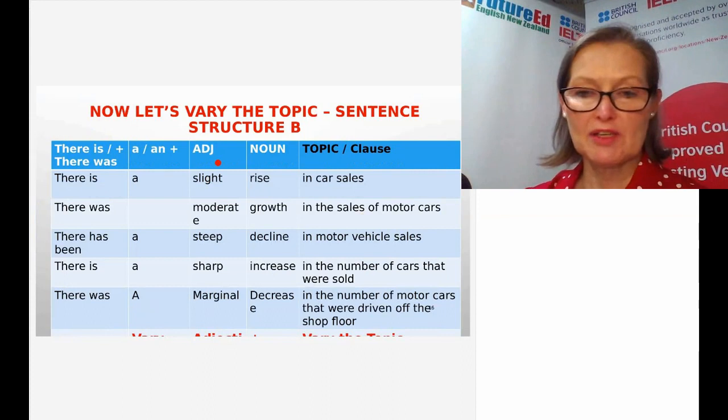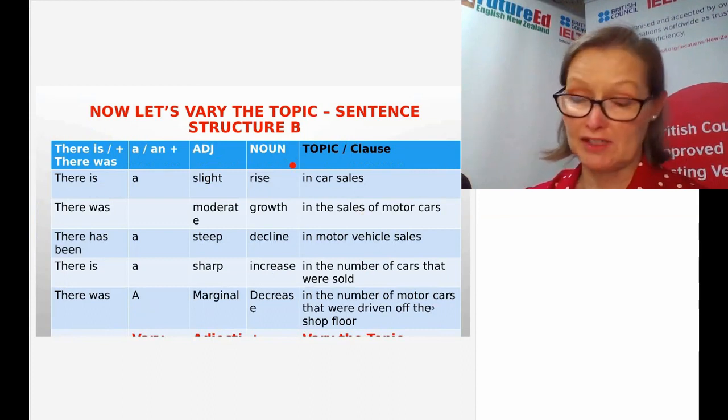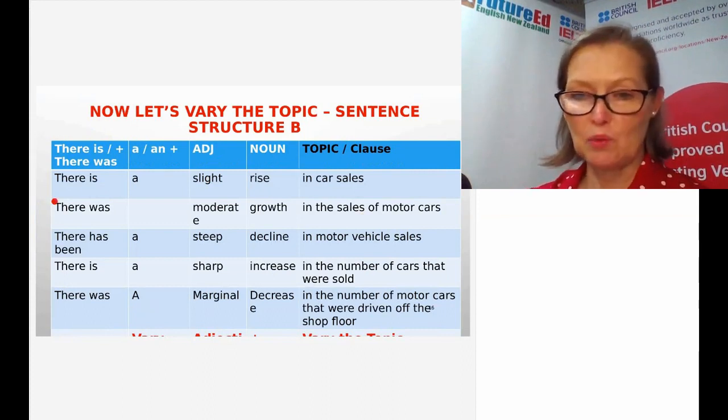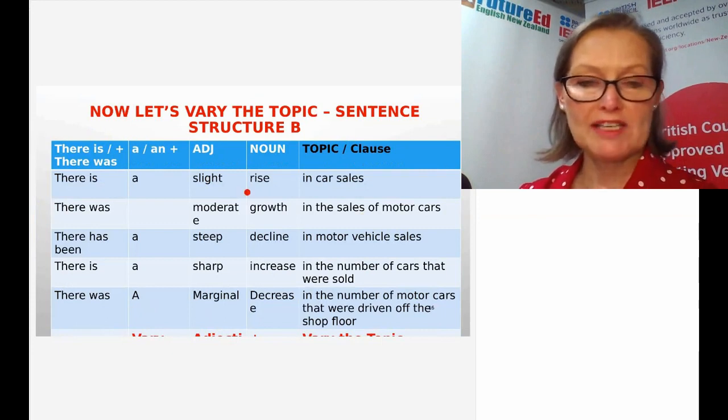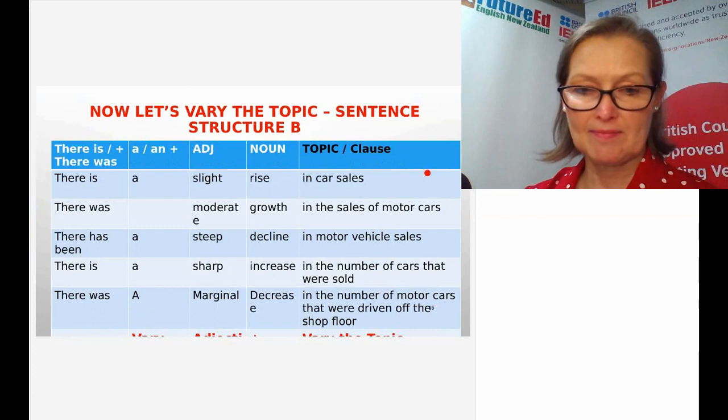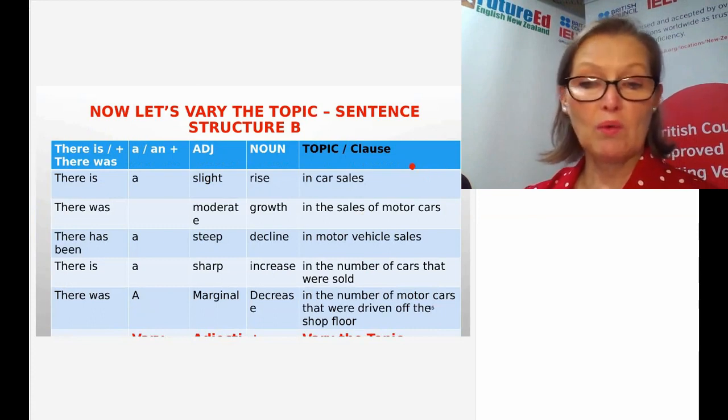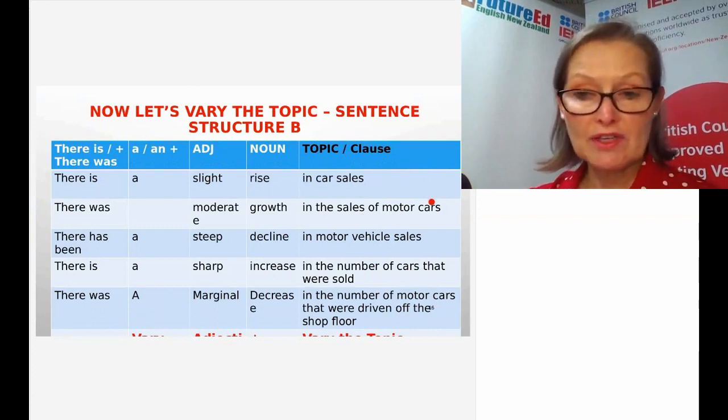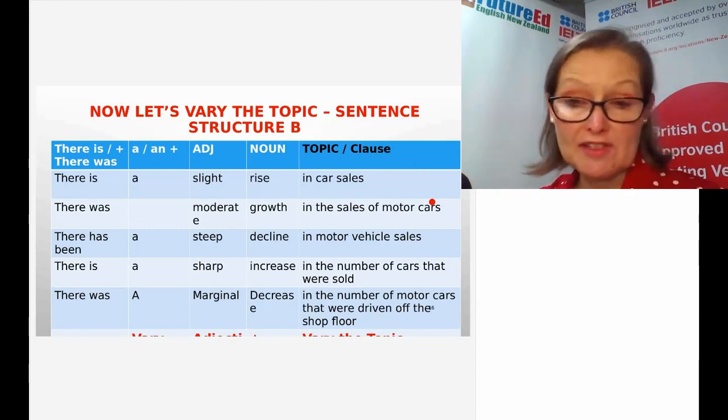So this time it is going to come after my adjective plus noun, topic clause. So let's have a look at my sentence. There is a slight rise in car sales. Or there was moderate growth in the sales of motor cars. Or in motor car sales.